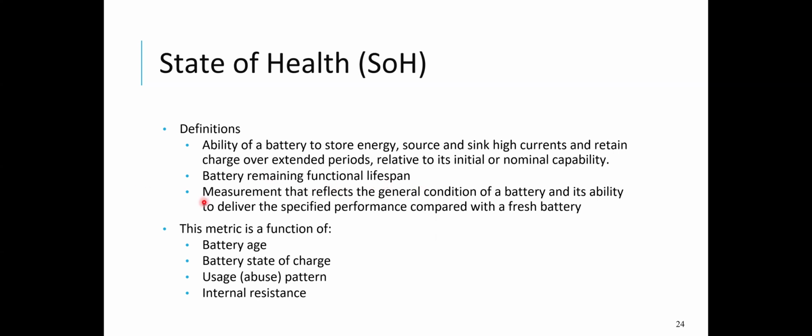And a third definition is the ability to deliver the specified performance compared to a fresh battery. It depends on the battery age, current state of charge, how you used it, and its internal resistance. So again, state of health is a very difficult quantity to define, and depending on the application, depending on the manufacturer, its definition will change.